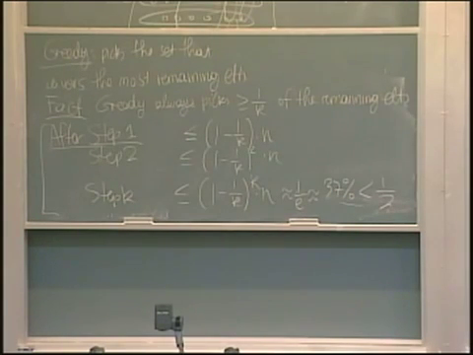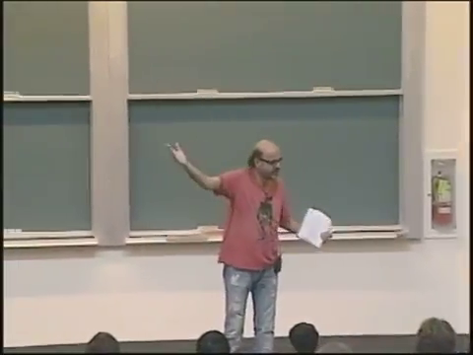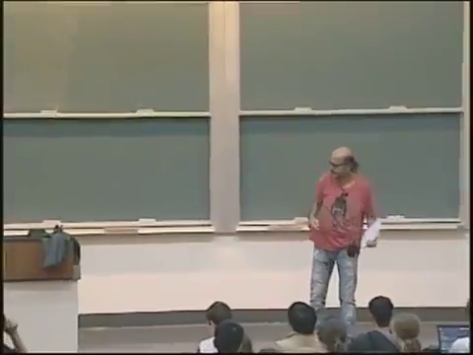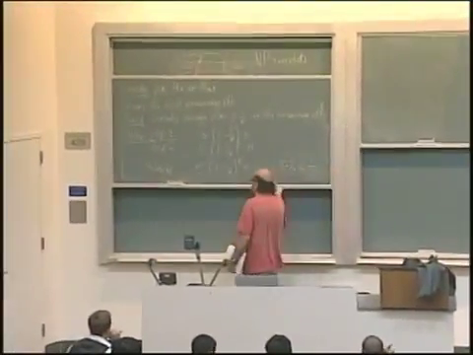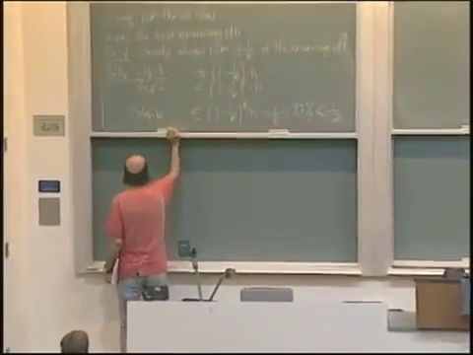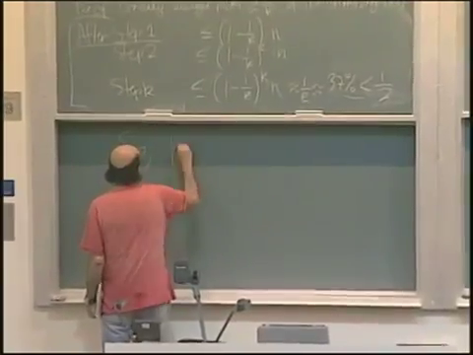If after k steps I have less than half, then after k log n steps, I have nothing. So, k log n.